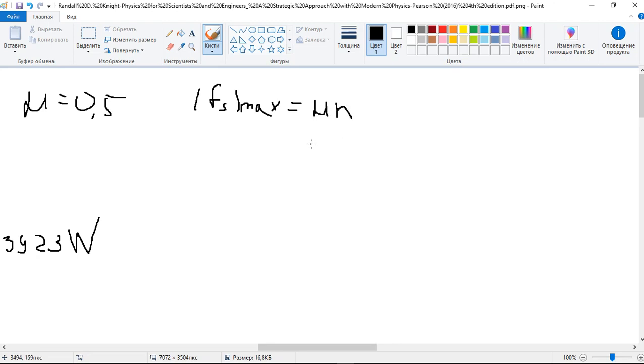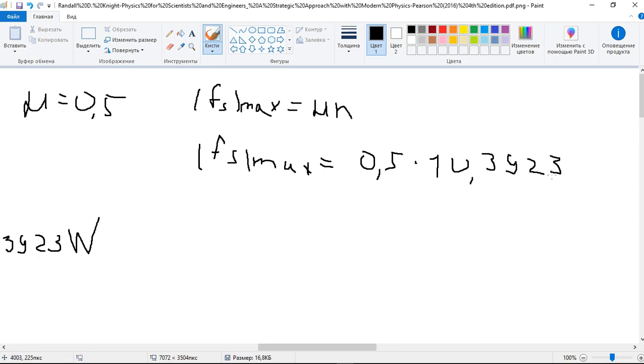Let's put numbers into this equation. F max is equal to 0.5 multiplied by 10.3923, and it is equal to 5.2 Newton.